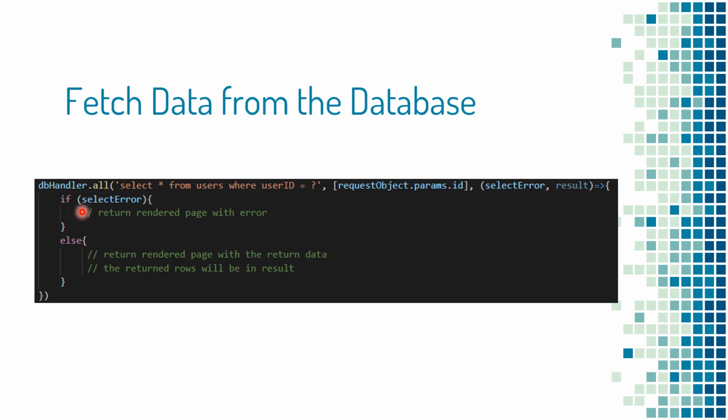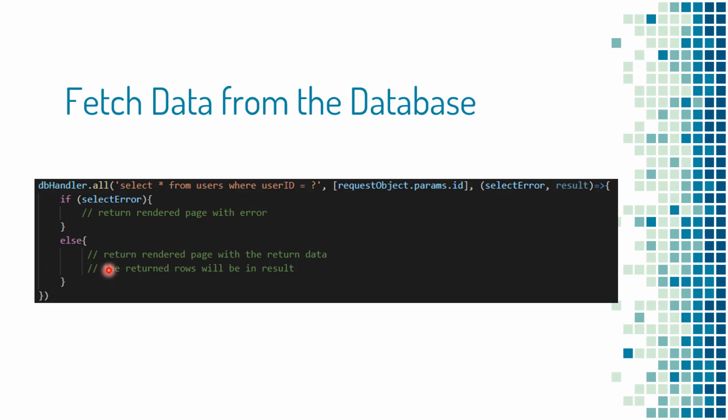And as you can see here, return the rendered page with error. If you are using EJS, you will return a page which shows that there's some error, or that the user you're trying to pull the profile for is not found, any indicator that shows the end user that this user is not found.